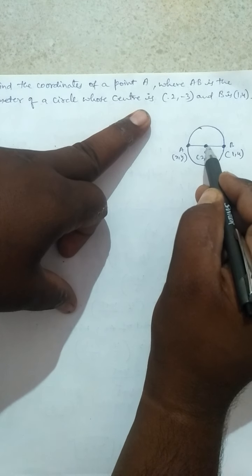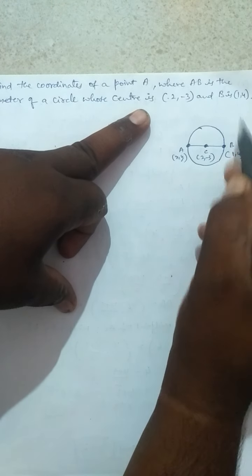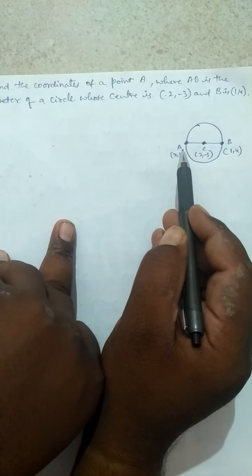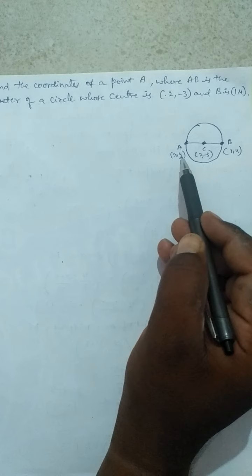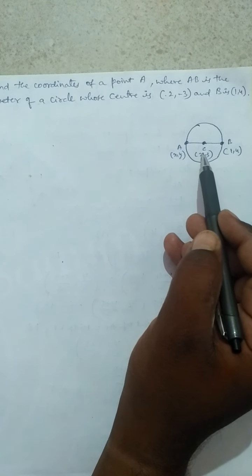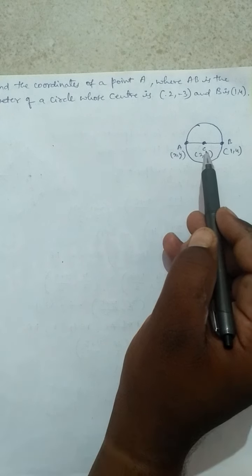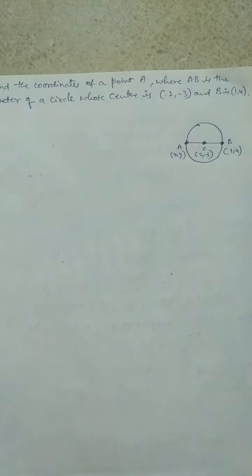This point C is called the center of the circle, that point is (2, minus 3), and B is (1, 4). So what we have to find out? We have to find the coordinates of A. Since AB is the diameter and C is the center of the circle, point C is the midpoint of AB. So by using the midpoint formula, we have to solve this problem and get the results of x and y.